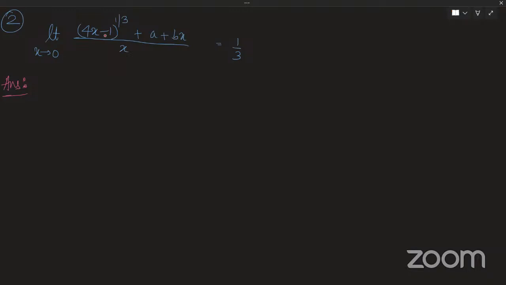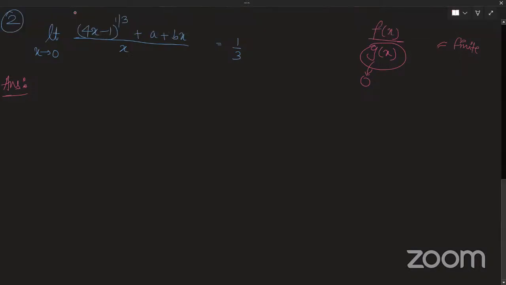There is one thing missing. If you remember clearly, I had told you, if you have f of x divided by g of x, and g of x is tending to 0, and you get your overall value of limit as a finite value, so where does your numerator tend to? It should also tend to 0, right? Otherwise, your value will not be finite.